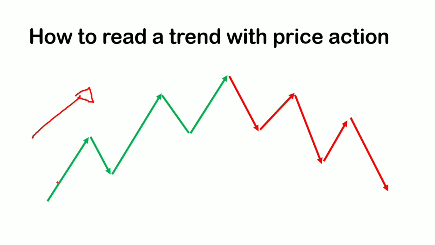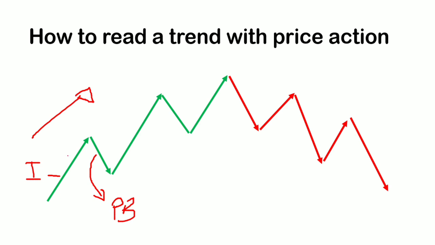You are going to see a series of impulsive moves. So this is called an impulsive move. And this one here is called a pullback. Right, this is called an impulsive move and this is called a pullback.